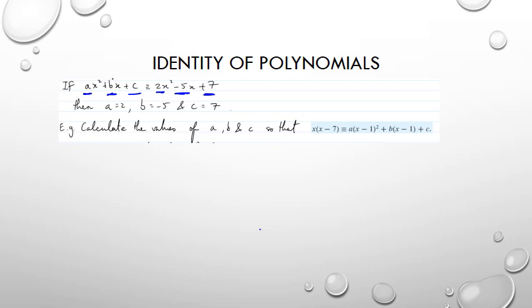You have a, b, and c, so that x times x minus 7 is equivalent to a times x minus 1 all squared plus b times x minus 1 plus c. If you don't know what that symbol is, that either means equivalent or congruent. All it really means is exactly the same.